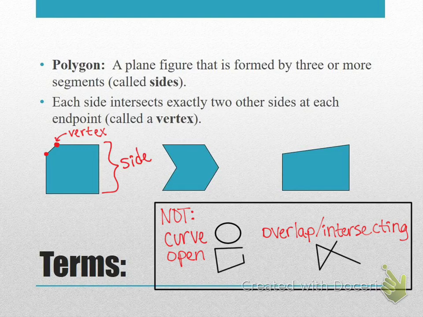Okay, so a polygon has to be closed, meaning you can't get inside of it, but not crisscrossing each other. No round edges anywhere. Questions, concerns about what is or is not a polygon? We'll see some more examples later on.